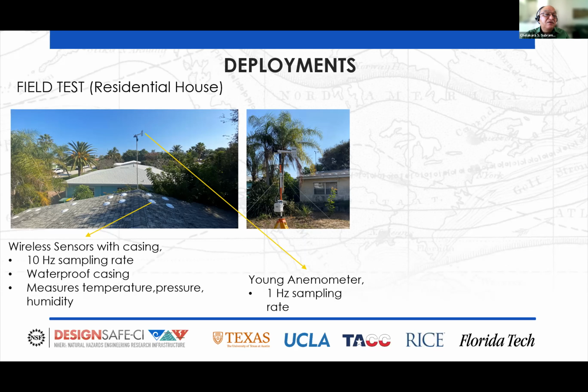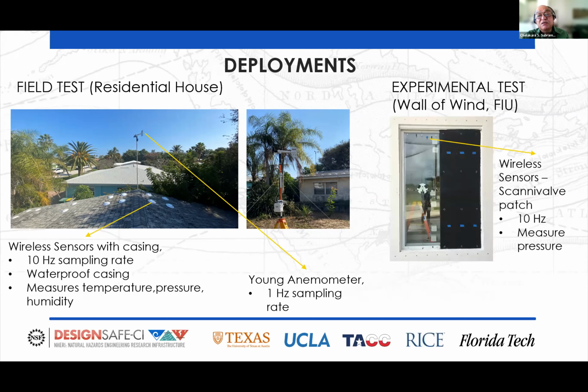The sensors you see there, like white saucers on the roof, have the electronics and the transducer inside, and we can measure pressure and also temperature. They communicate wirelessly to a local computer, and the data is collected and stored both on the computer and in the cloud.